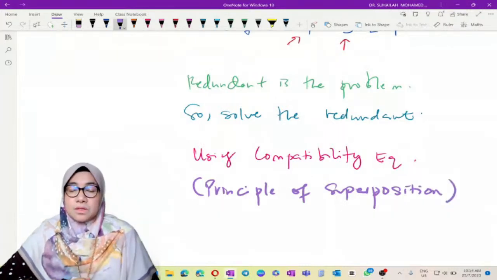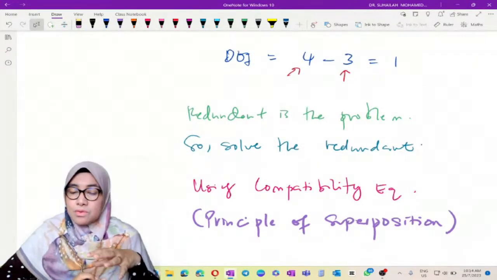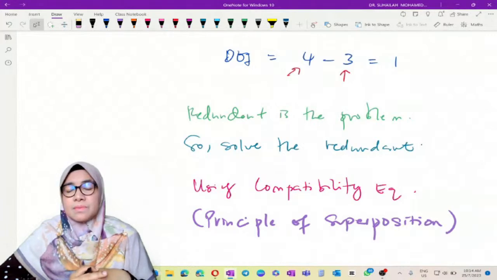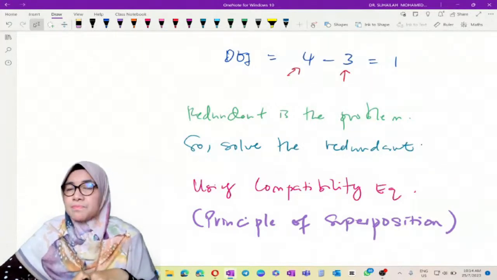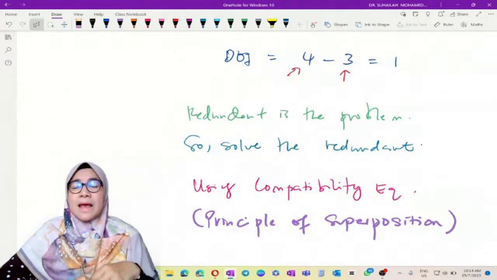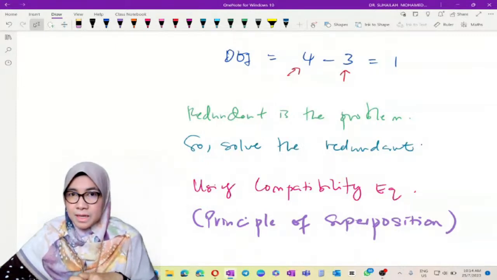Okay, so how to solve using compatibility equation? Actually, compatibility equation is based on displacement at the redundant position. From the compatibility equation, we can solve for the redundant.